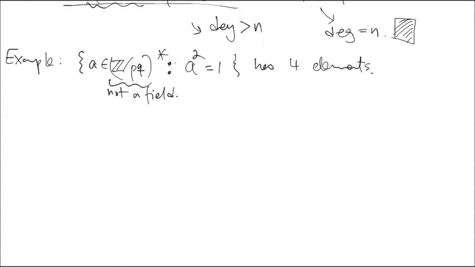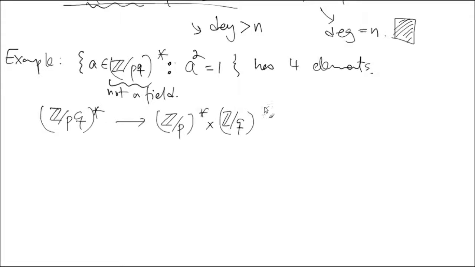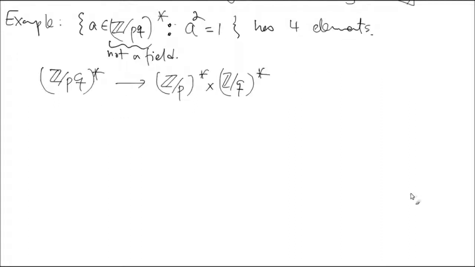Here comes our friend, Chinese remainder theorem, right? Here's Z mod pq star, going to where? Z mod p star cross Z mod q star. Is that right? Okay, so that is psi. So what's the vertical map?